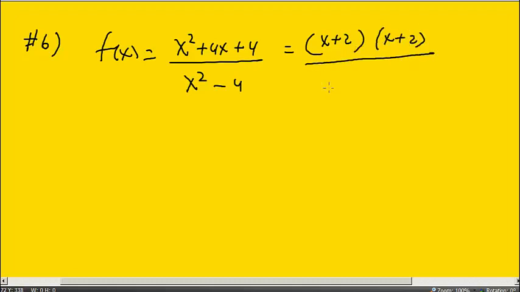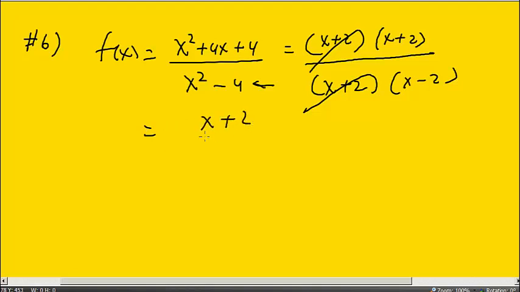All that over the bottom, which is a difference of 2 squares, so that factors into x plus 2 times x minus 2. They cancel, which is going to give you x plus 2 over x minus 2. Now, when things cancel out, these are known as removable discontinuities, so the domain can't exist there either.